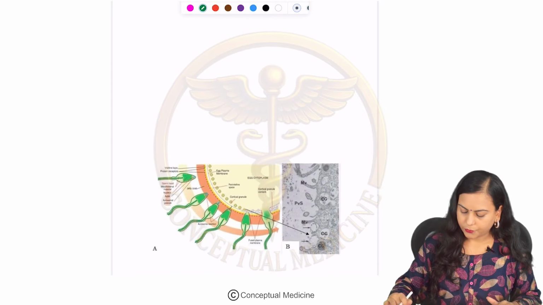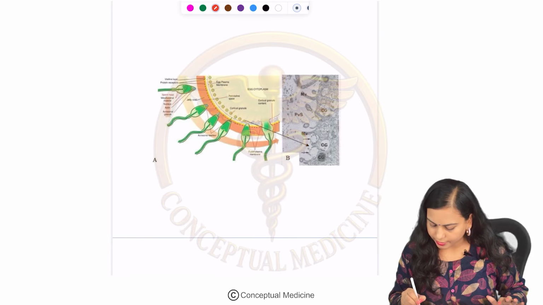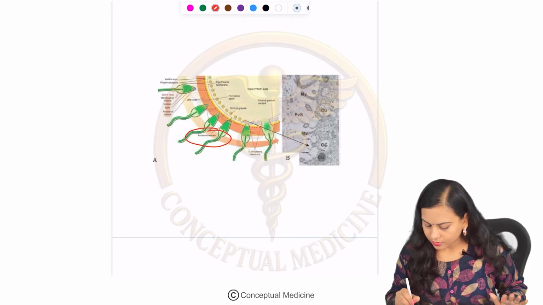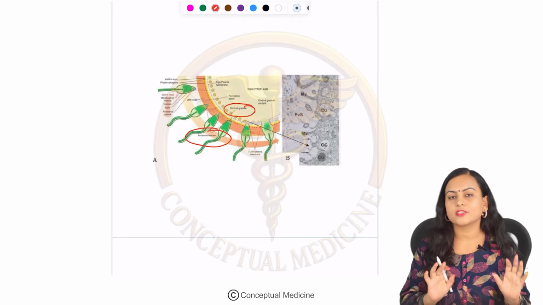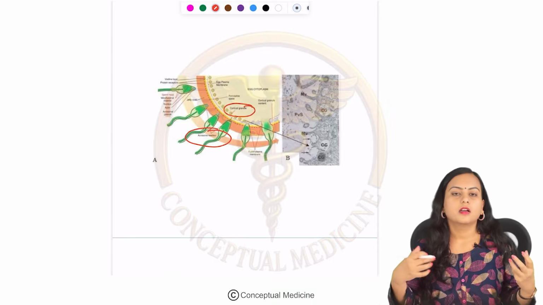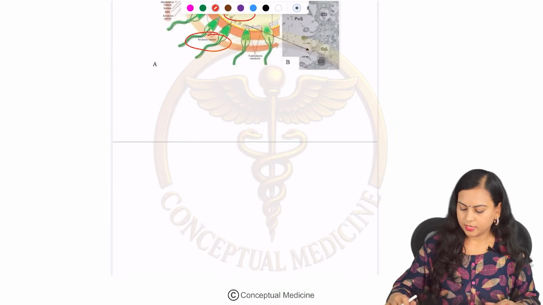Yes. Now, this is the picture to show your acrosome reaction, where the acrosome is going to release some enzymes. Then you will have the cortical granules that will be releasing enzymes. Zona reaction means a change in the zona pellucida that will make it even thicker, to prevent polyspermy. That's it, right? Yes.